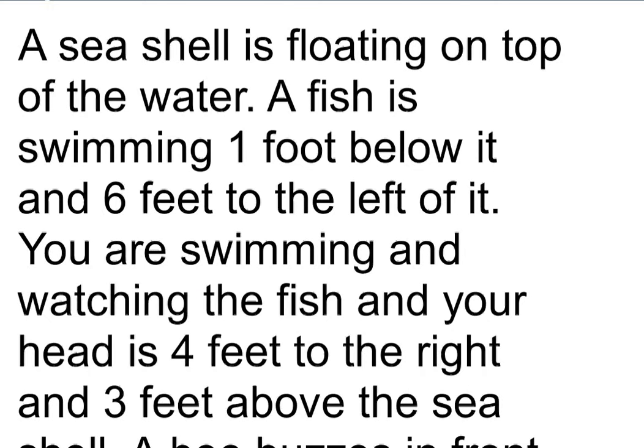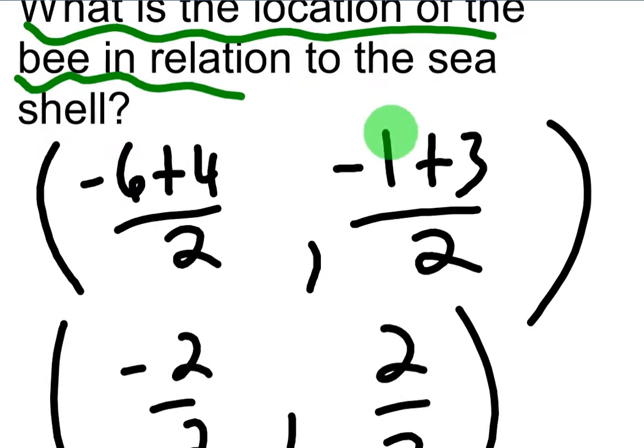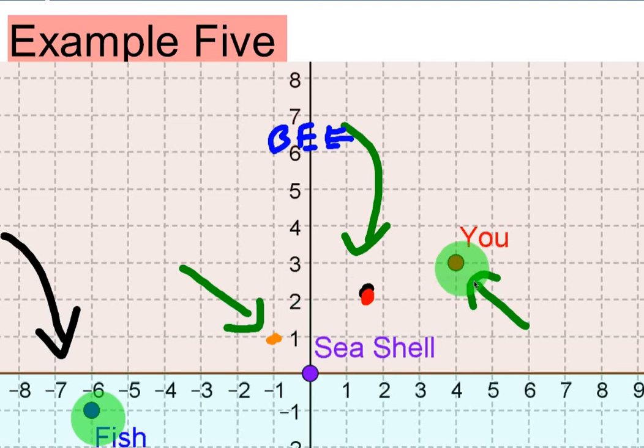So, real quickly, our original midpoint is going to be the midpoint between you and the fish, x1 plus x2 over 2, y1 plus y2 over 2. Again, our first x value is 4, our second is negative 6, or vice versa, it doesn't matter. Negative 6 plus 4 over 2, and then it's going to be negative 1 plus 3 over 2.